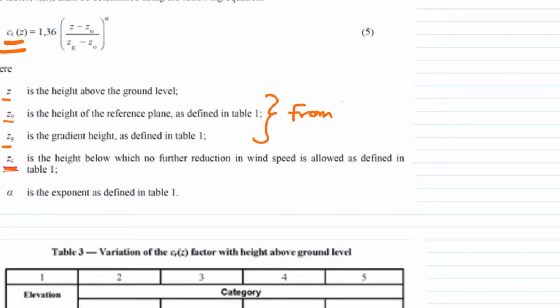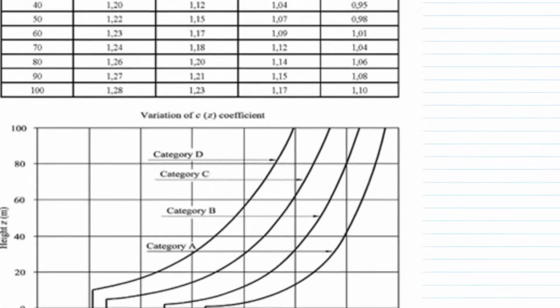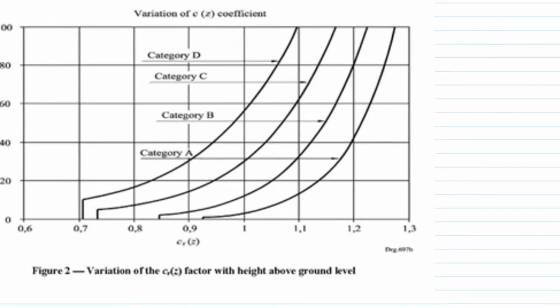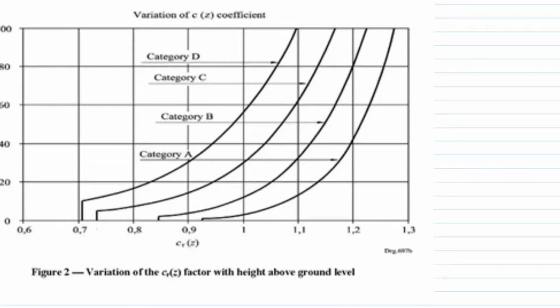And now what you then also need to have a look at is that there is a ZC value. This is from the table, but it possibly influences what height you use for design. Because what happens is if you look at this roughness factor, as you get higher and higher above the ground, the wind speeds up more and more.